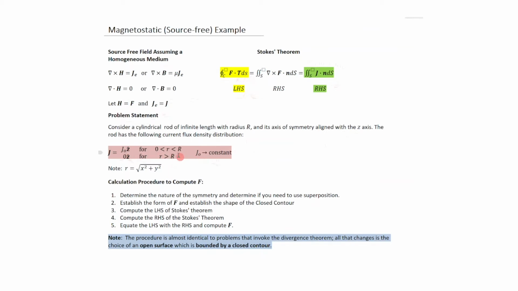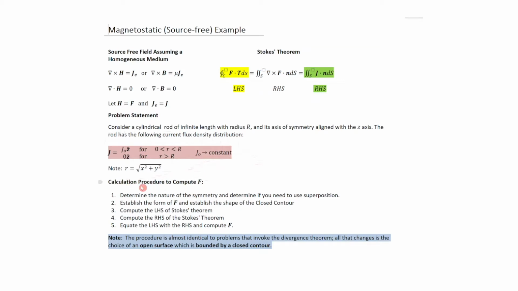Once you get outside of capital R, then there is no current flux density. Again, r is the square root of x squared plus y squared. Given that it's cylindrical symmetry we're dealing with, we choose to express everything in terms of cylindrical coordinates.